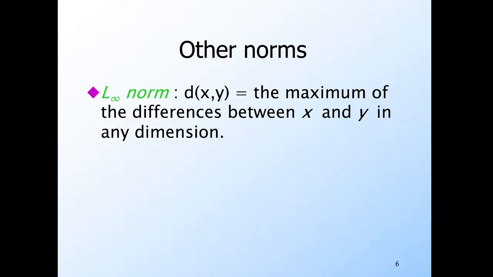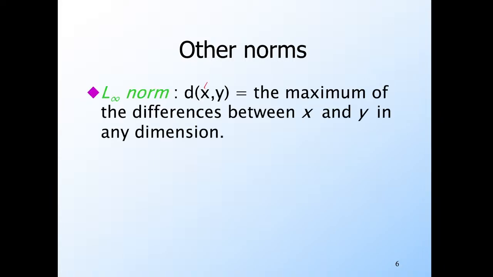So the L infinity norm is, again, x is x1 to xd, y is y1 to yd. They denote two data points. And the distance between x and y would be the absolute value of x1 subtract y1.